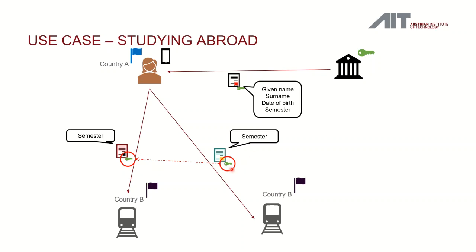Now when the student is abroad, she might already be linkable by simply looking at the issuer of the student ID, because there might not be too many students from a specific university studying abroad at a given time. So despite using ABC systems, the user's actions are fully linkable by simply checking the issuer.